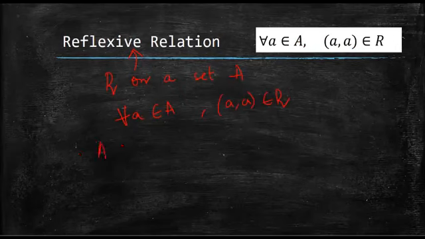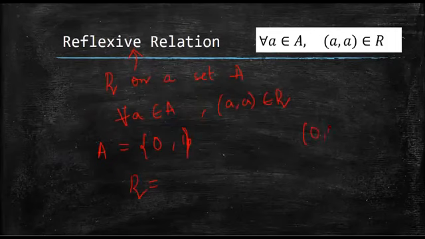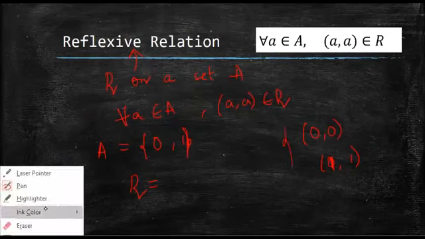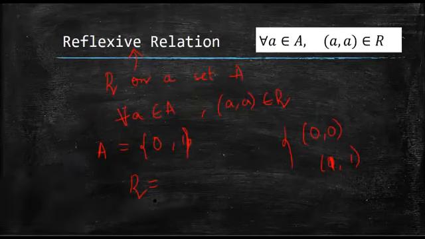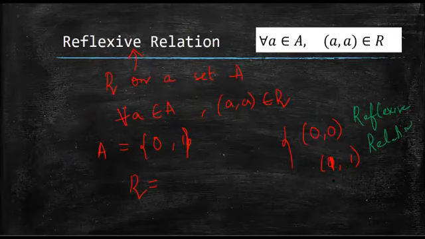If we have a set A with the elements 0, 1, then the relation R should have the ordered pairs 0, 0 and 1, 1. Then only it can be considered as a reflexive relation. Any relation on this set A should always contain 0, 0 and 1, 1. Then only it is called a reflexive relation.